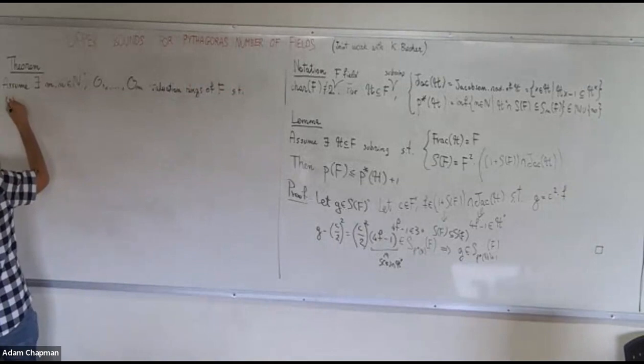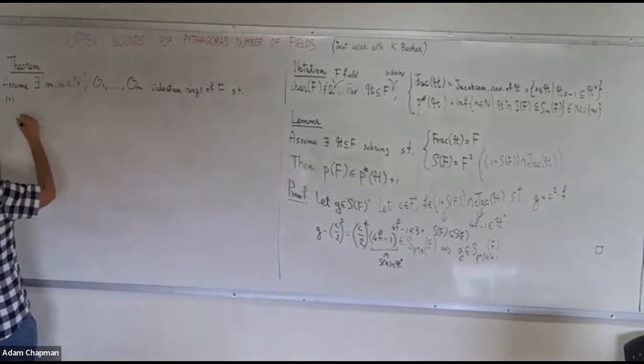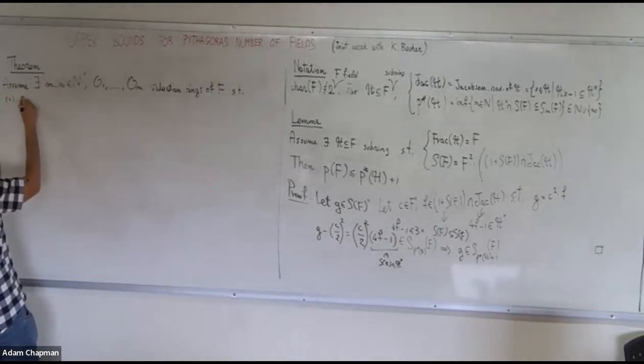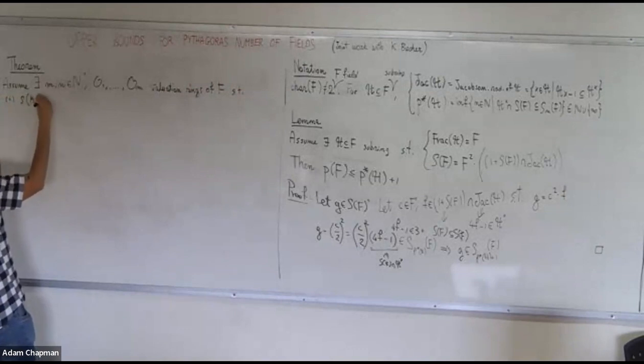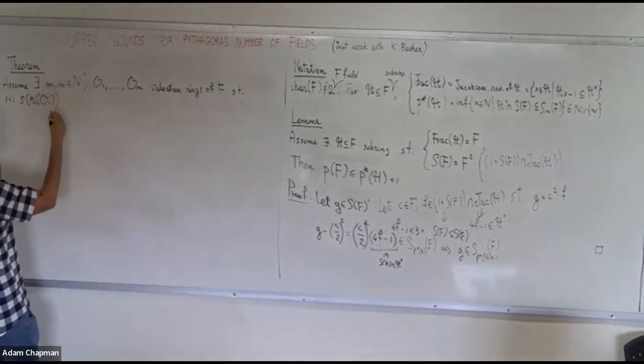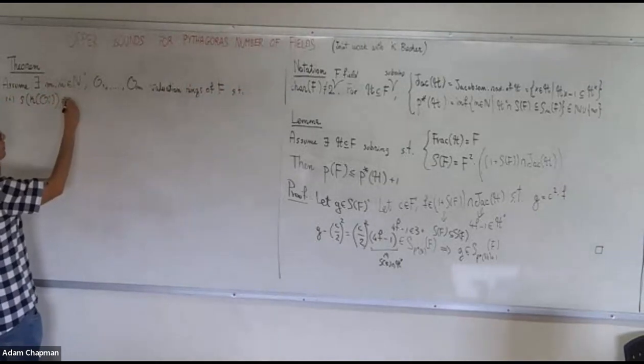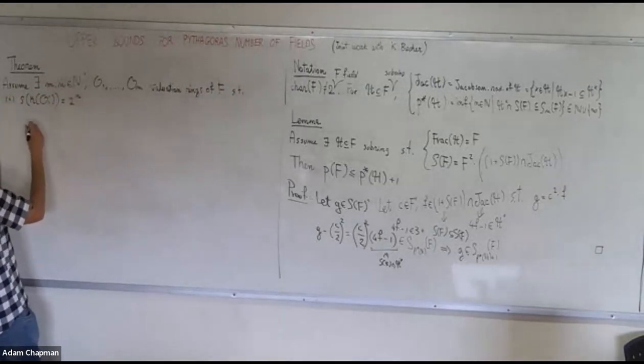First, we want the level of the residue field of each of these valuation rings to be at most 2 to the n.